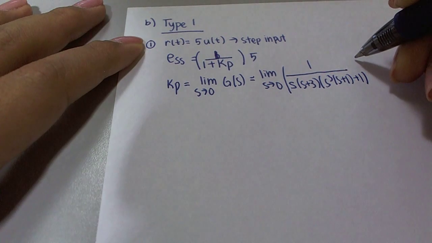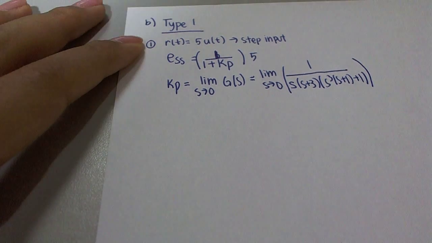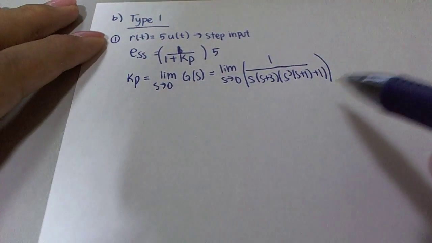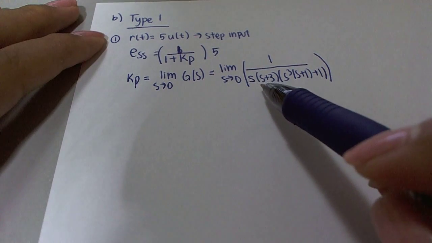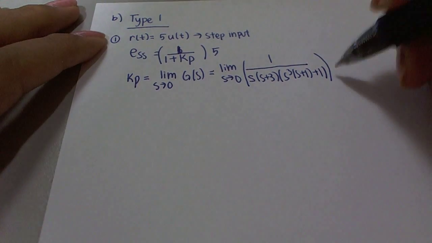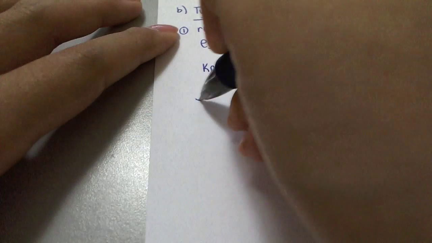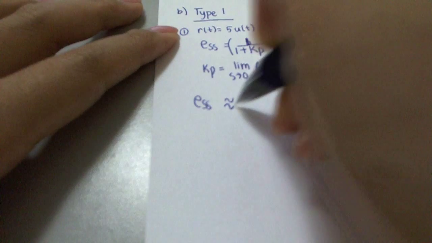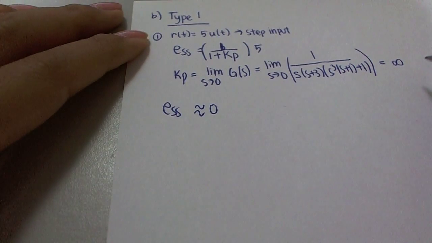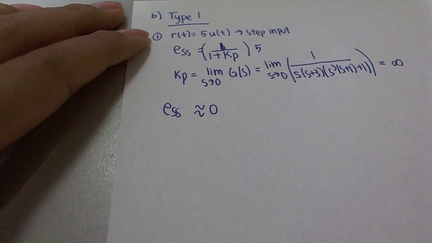So this is our Kp, and plugging s tends to 0 into the limit equation, we get Kp equals infinity. So the steady state error will tend to 0 because Kp tends to infinity.